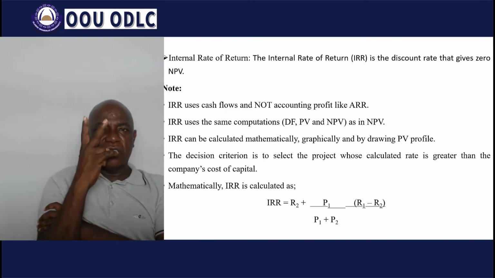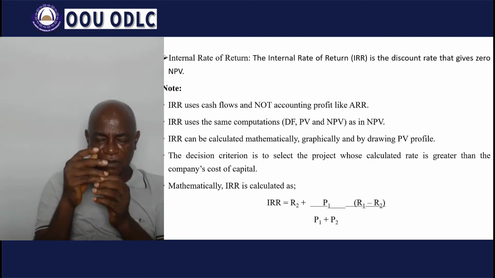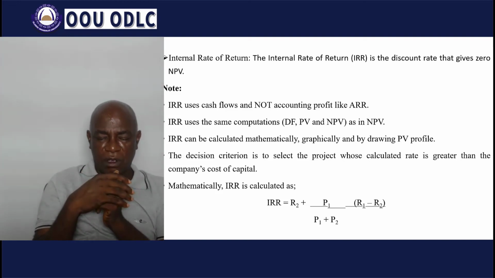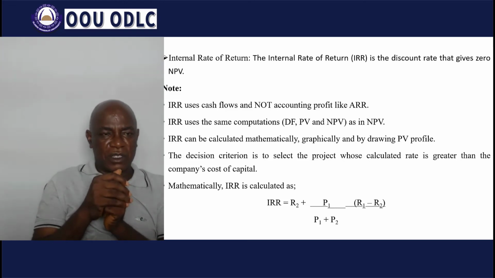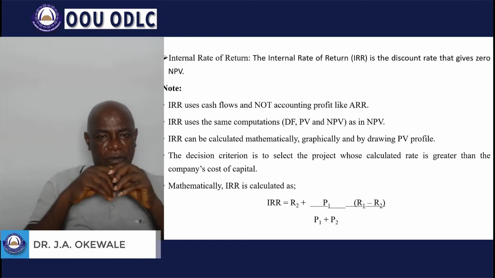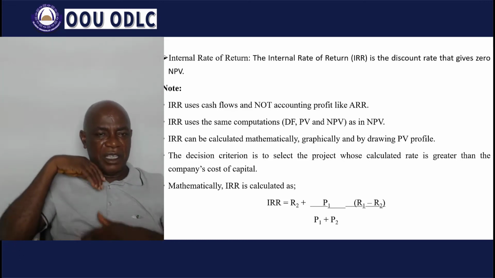And you'll be interested in 2 rates of return. Pick a rate of return which, when you apply the formula, will give you a negative absolute figure. Then also get a rate of return that will give you a positive absolute figure. Once you're able to identify those two, you are on your way to solving the problem.